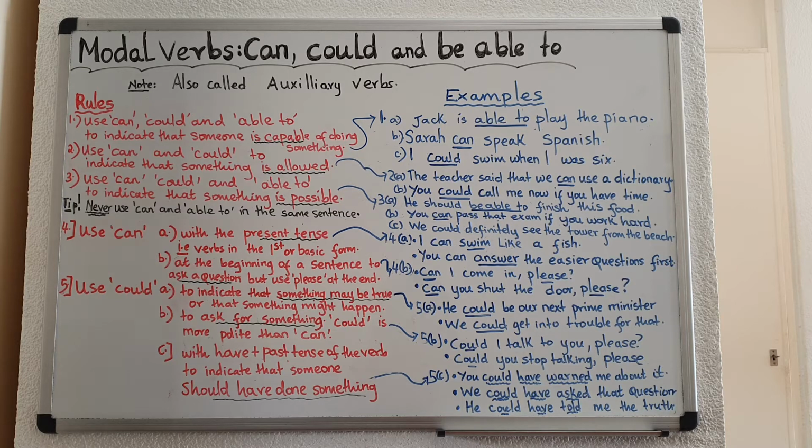So imagine that you are serving food on the plate and then someone says to you, oh wow, that is a lot of food on that plate. You have put too much food for him. Then you can answer by saying, he should be able to finish this food, meaning that it is possible for him to eat all the food on that plate.